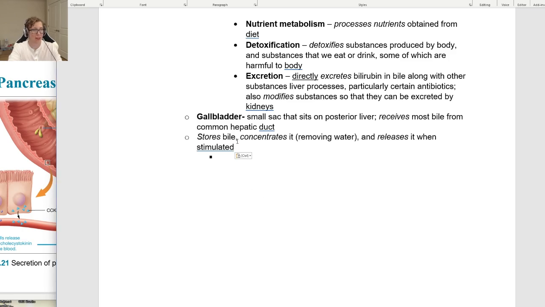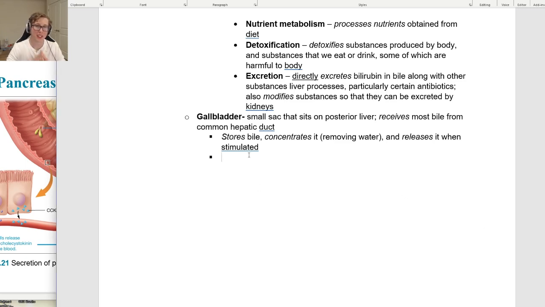Its main purpose is to store the bile, concentrate the bile, and release it when stimulated. So the liver is just going to continuously produce bile, but it is stored and concentrated in the gallbladder until it is stimulated to release it.